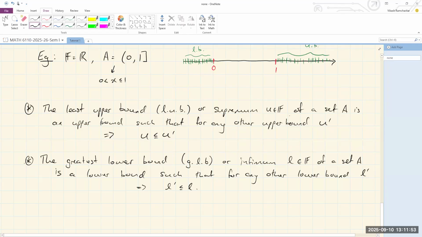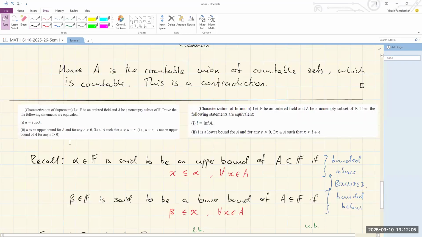So there are what are called characterization terms, which are basically an equivalent definition of the upper bound and the lower bound. That's given over here. We have two of them, characterization of supremum and characterization of infimum. It's just another equivalent way of saying what the supremum is and what the infimum is.